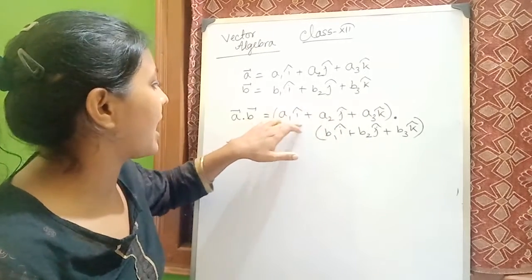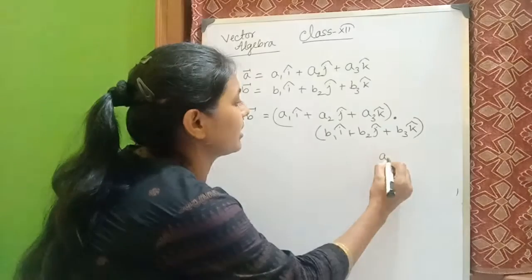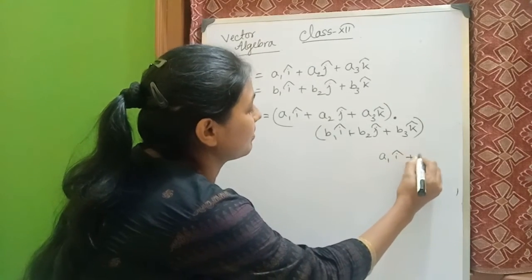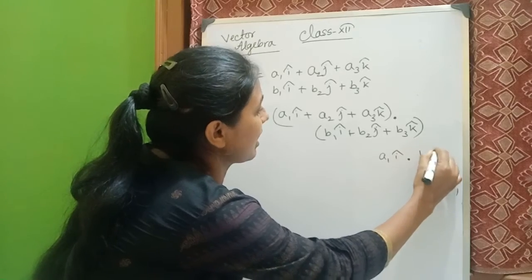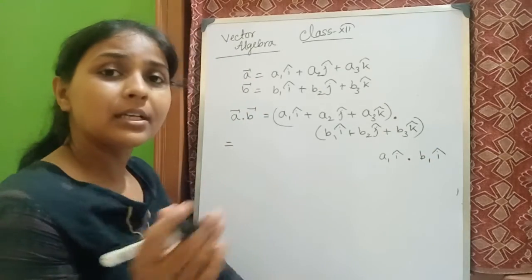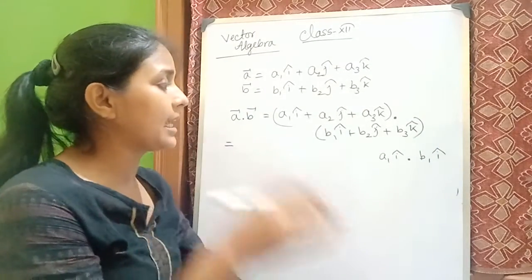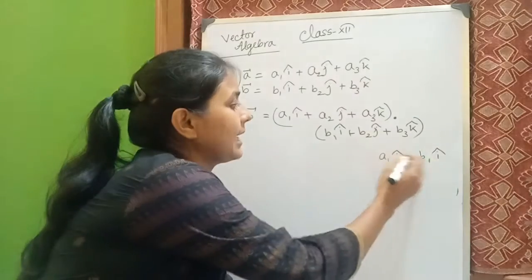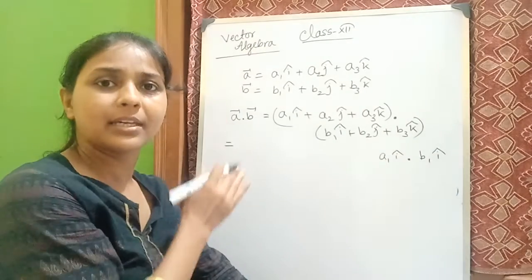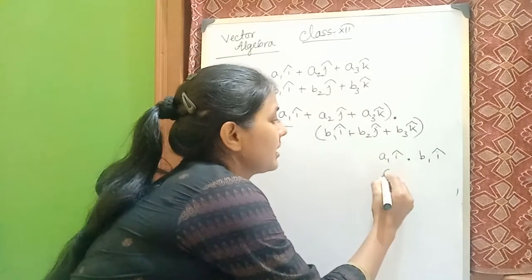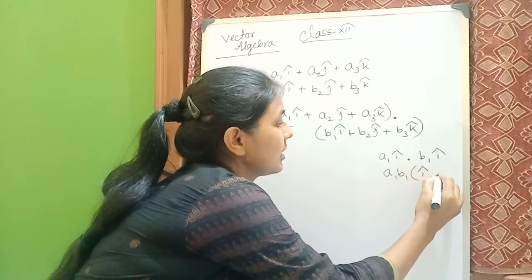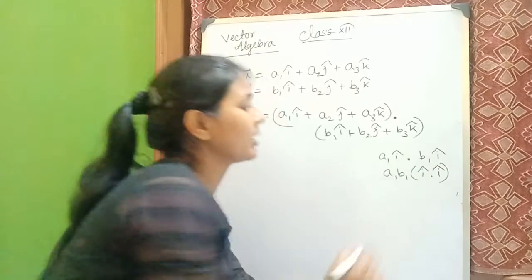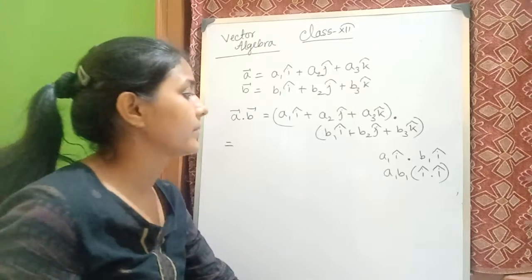So A1 i dot B1 i. In the second property, we said the scalar part can be taken outside. That means A1 B1 into i dot i.